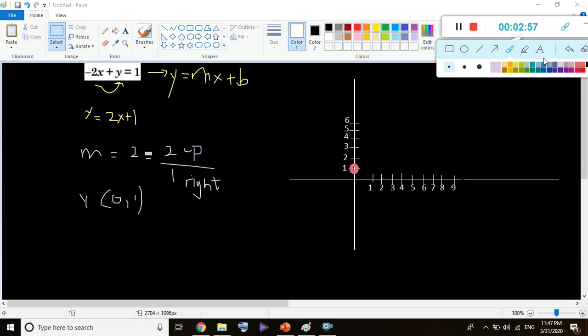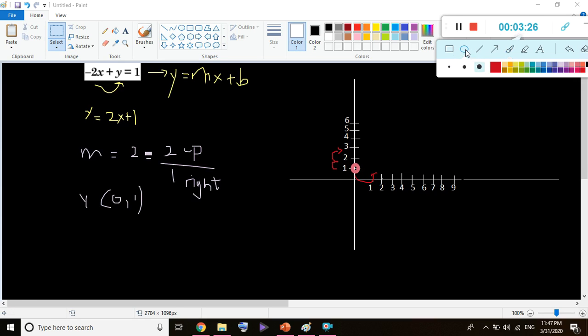So from this point, because it's a slope between 2 points, this is our first point. For the second point, we're going to move 2 units upward, so it's going to be 3, and 1 unit to the right, so it's going to be 1 and 3.